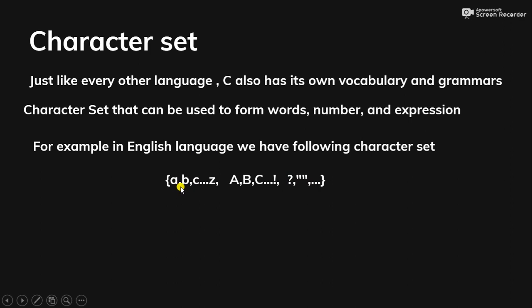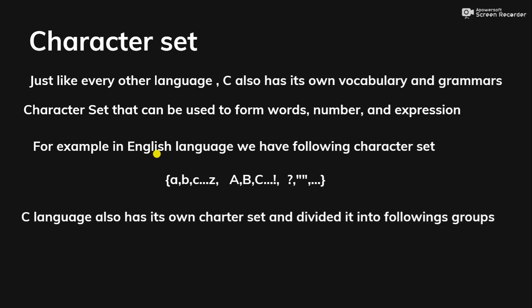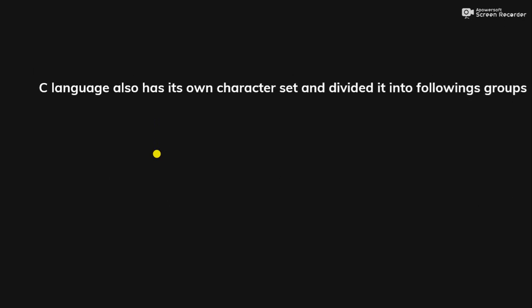We use this character set to form words and to write sentences. Similarly, C programming has its own character set, and we use it to write our C program. It is divided into the following groups.